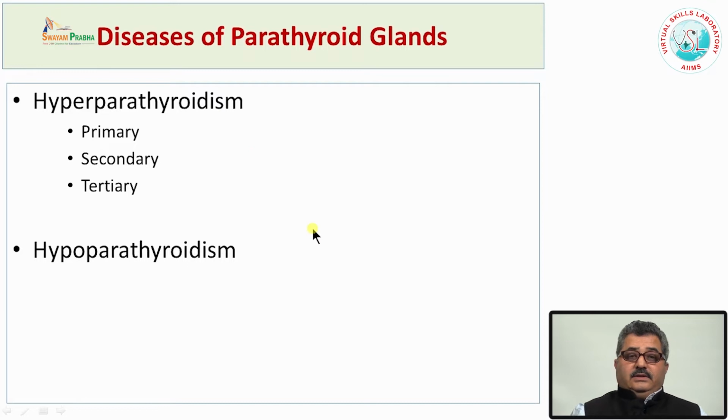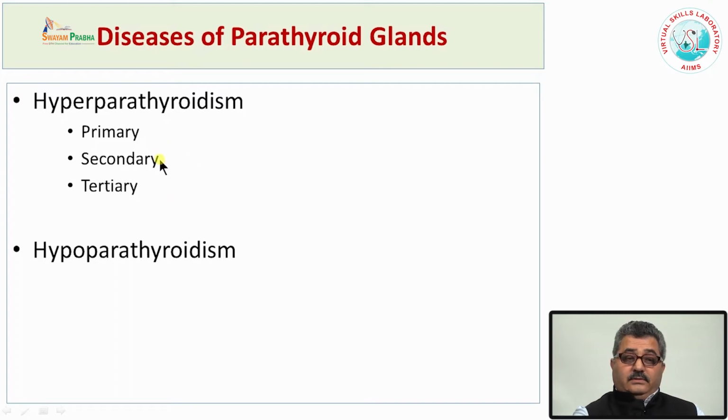Now mainly in the diseases of the parathyroid, there is either hyperfunctioning or hypofunctioning of the parathyroid gland. In hyperfunctioning, the PTH levels are raised, whereas in hypofunctioning, the PTH levels are decreased. Predominantly there are three causes of hyperparathyroidism.